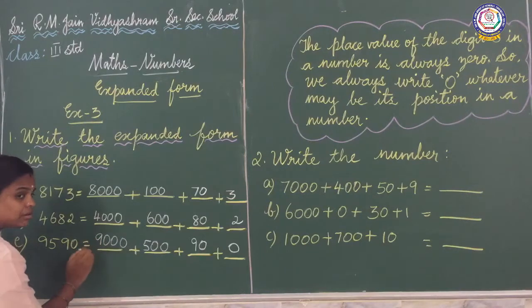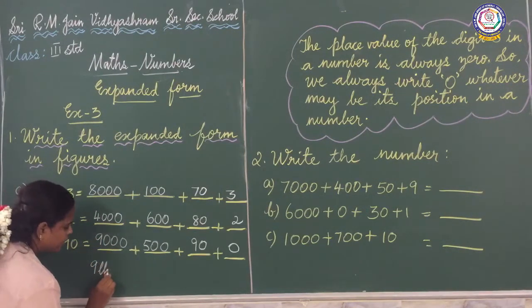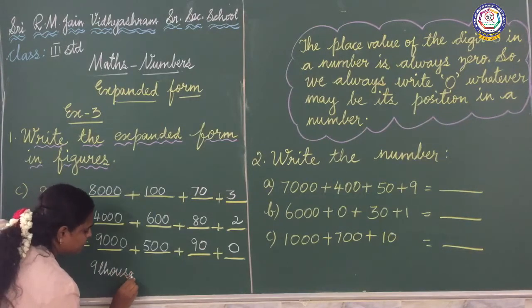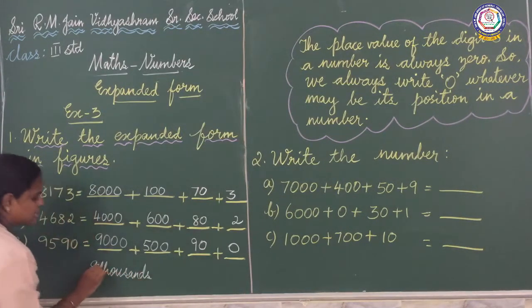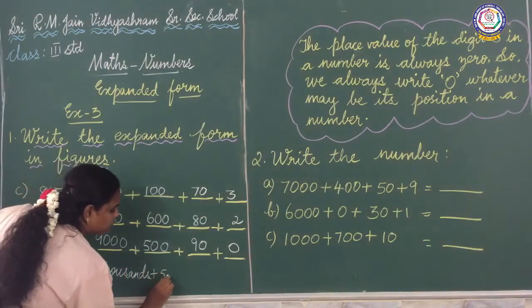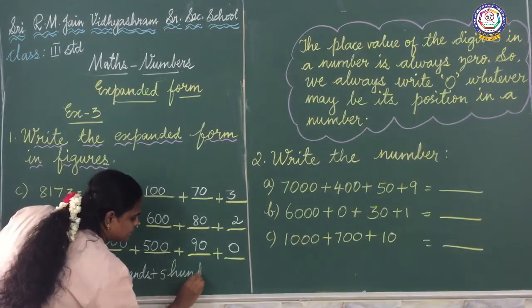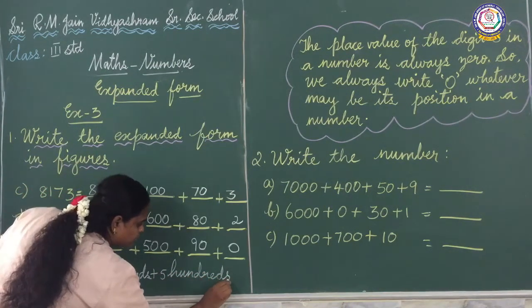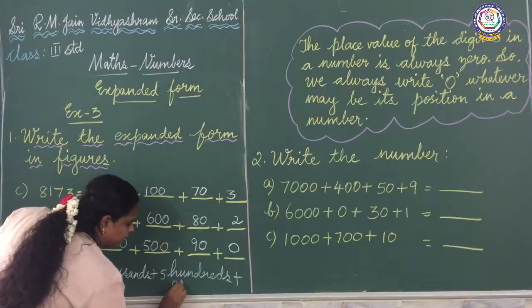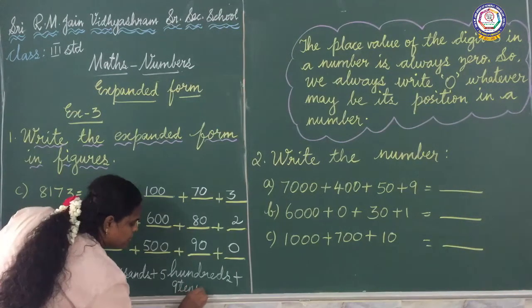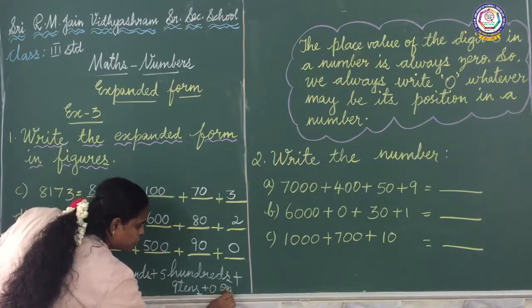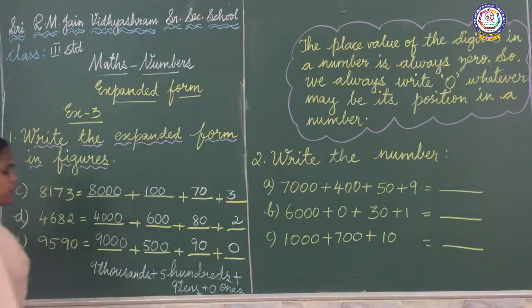So you can write 9,000 plus 500 plus 9 tens plus 0 ones. Like this also you can write.